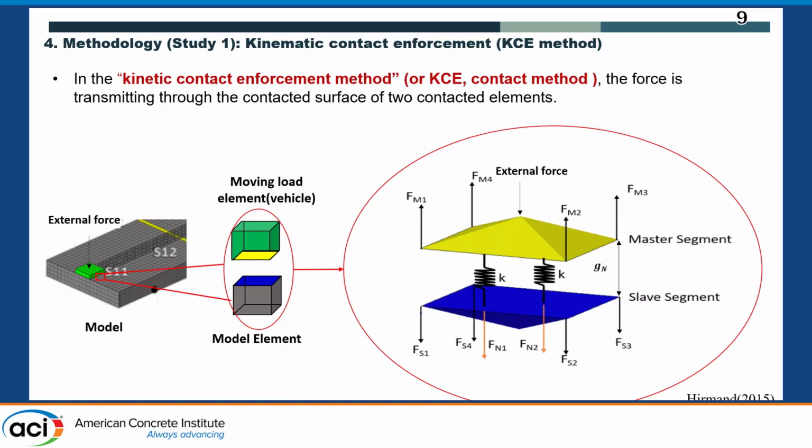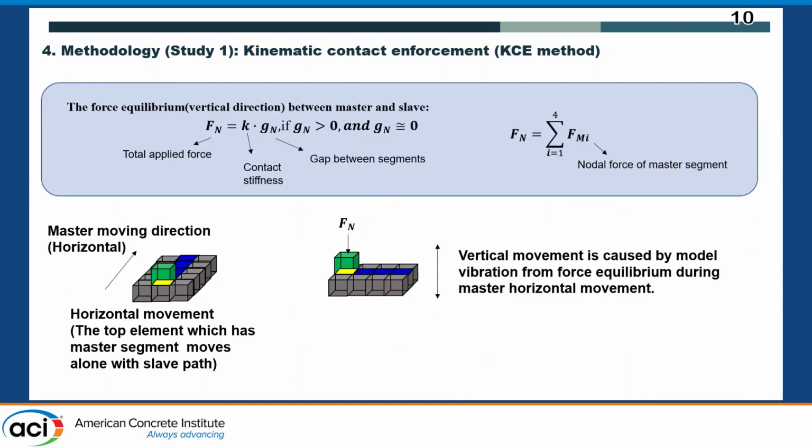But that is not how it works in simulation. We need to use one of the unique features of the KCE method to solve this problem. For that gap value, we have studied it.